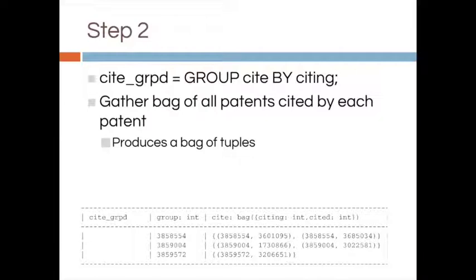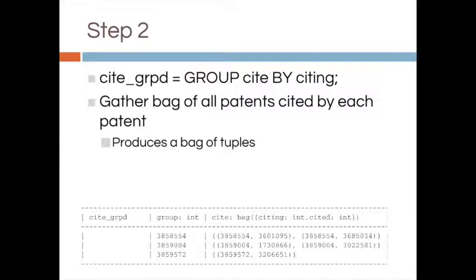Instead, we will have one instance of each citing patent, and in this new column, we will have a bag of tuples inside of it. They call it a bag of tuples. You can think of it as an array of tuples of every patent that is cited by the group patent.